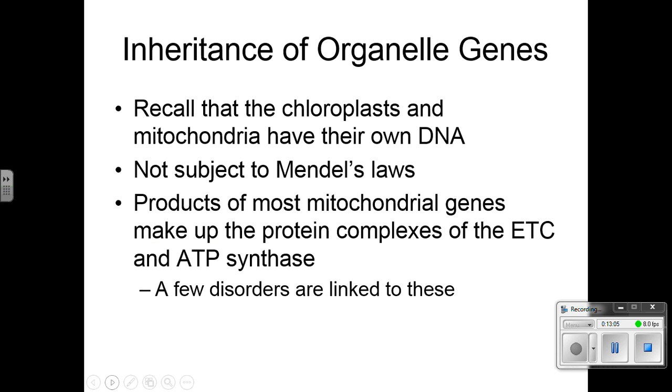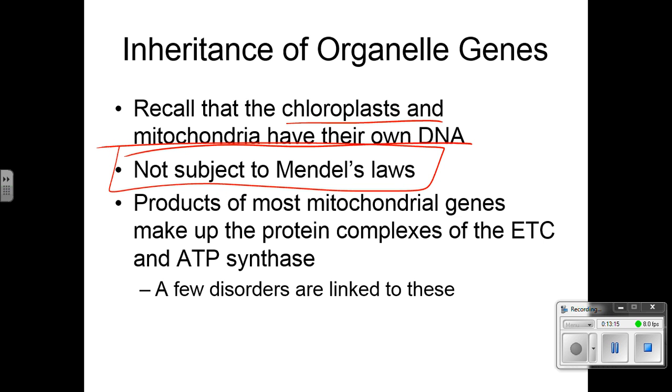Inheritance of organelle genes that are located, we call it chloroplasts, and they're trying to have their own DNA. They're not subject to Mendelian laws because they don't follow the same patterns of inheritance. They don't separate independently because they're not made in meiosis. They're actually copies sent through the mitochondria and the chloroplast. Products of most mitochondrial genes make up the protein complexes of the electron transport and ATP synthase.